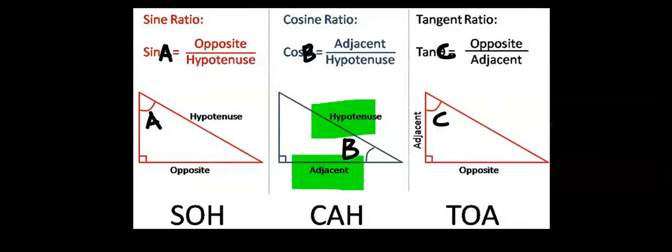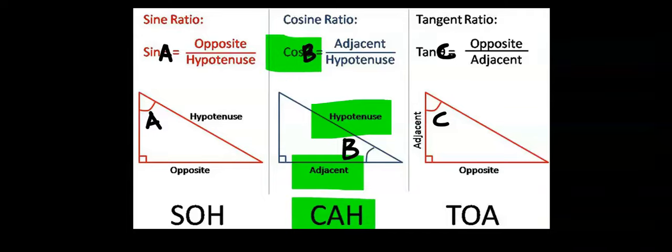Whenever you have the adjacent and the hypotenuse, we're going to use the cosine ratio, which is the cosine of the angle is equal to the adjacent value divided by the hypotenuse value.